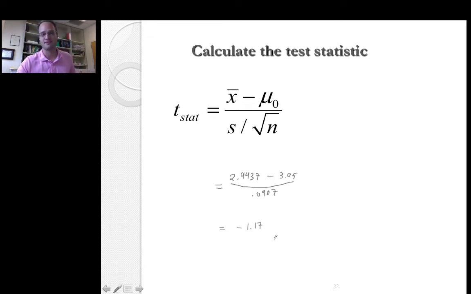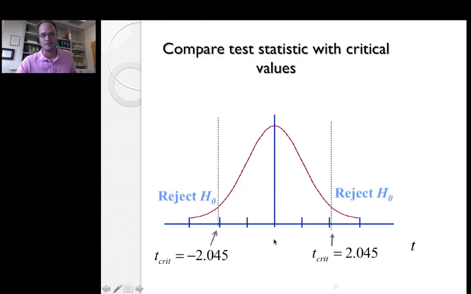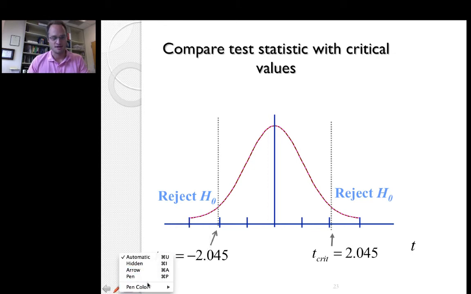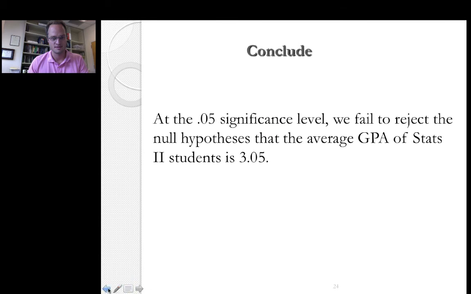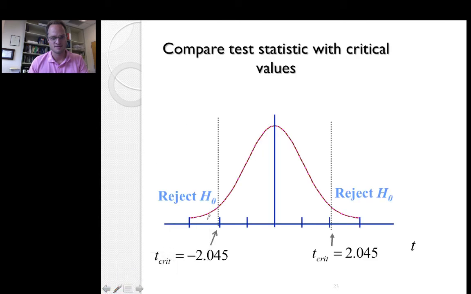And is that far enough away for us to reject the null hypothesis? Well, the answer is no. Here, my rejection region is here and here, and my test statistic, negative 1.17, is right here.